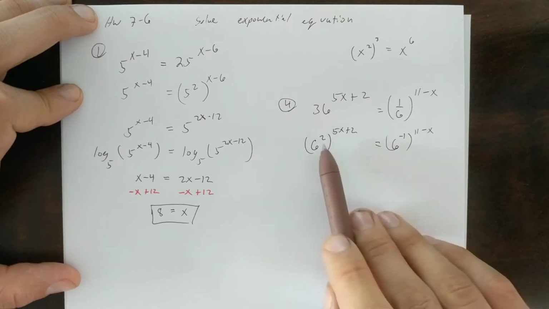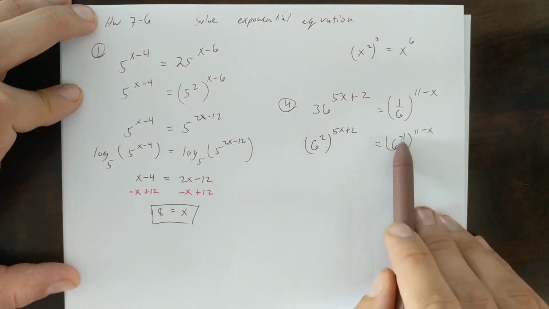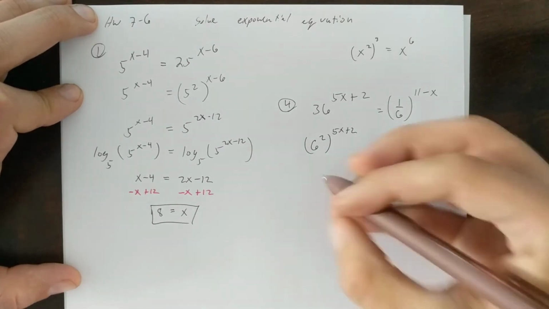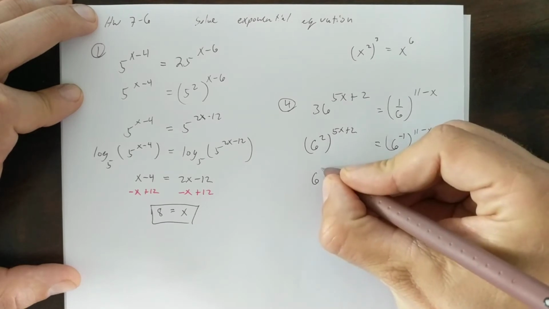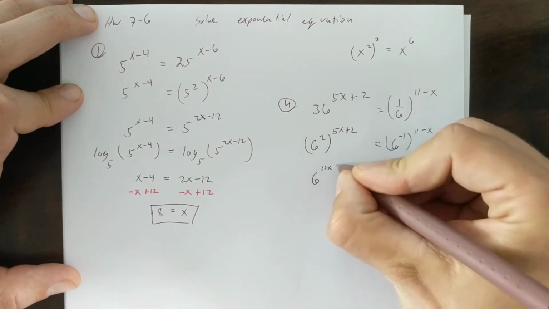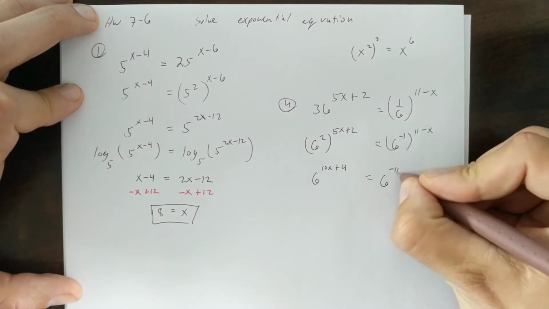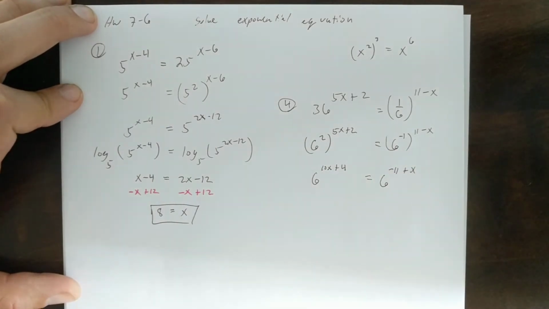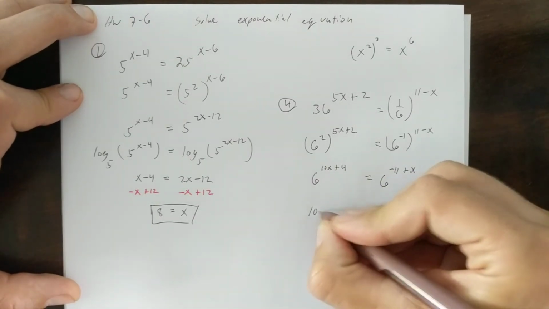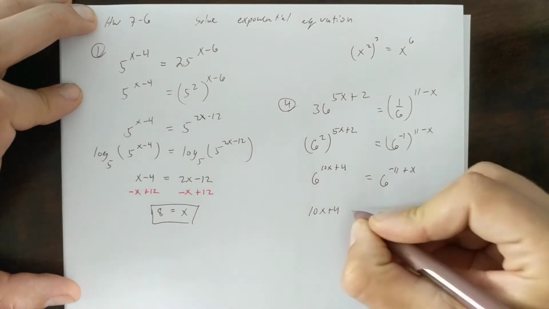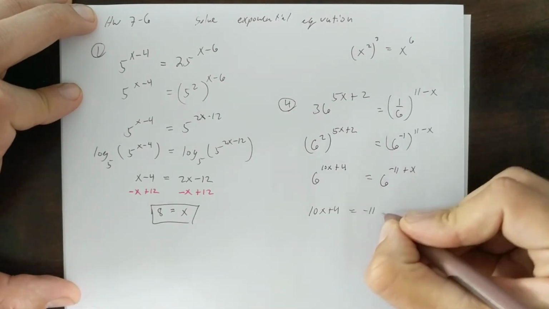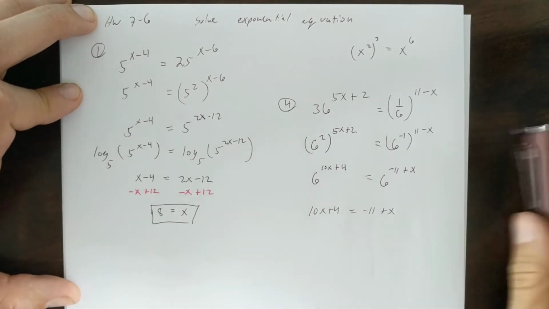Now with power to a power, I can multiply these, and I get 6 to the power of 10x plus 4 equals 6 to the power of negative 11 plus x. Now I have the exact same base on both sides, and so I get 10x plus 4 equals negative 11 plus x.